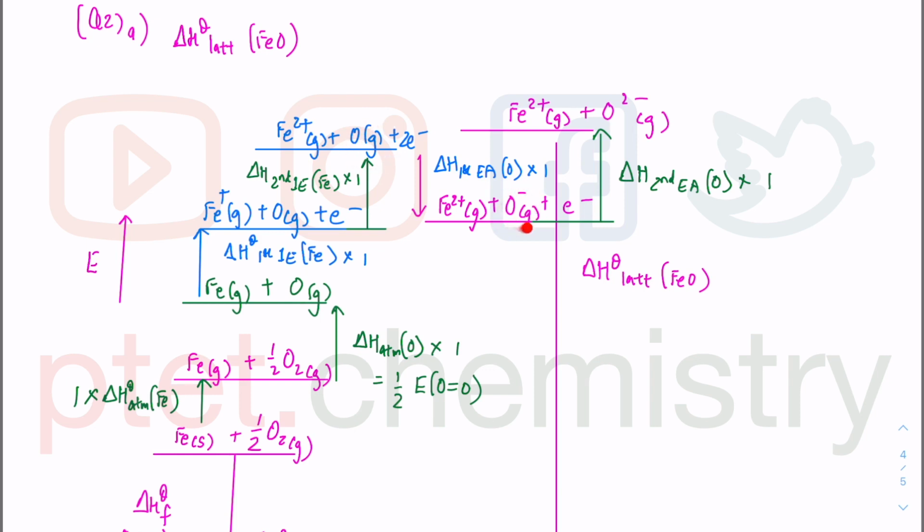Once you become negatively charged, to force it to gain another electron, you're moving electrons, which are negatively charged, to a species with a net negative charge. They're going to repel each other. That's why you need energy. It's endothermic to do the second electron affinity most of the time compared to the first electron affinity.